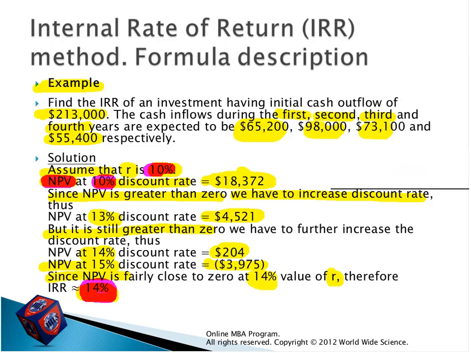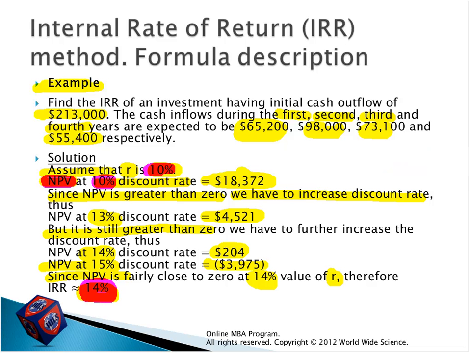Investment is 213,000, right? Next, the cash inflow from the first year is equal to 65,200, right? Year two, the cash inflow from the second year is 98,000, right?